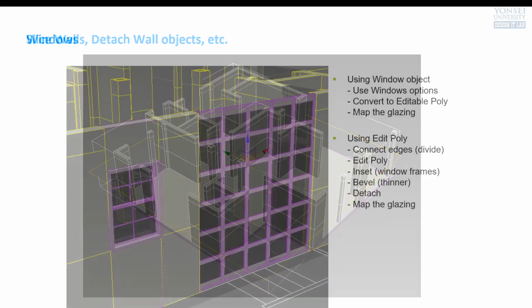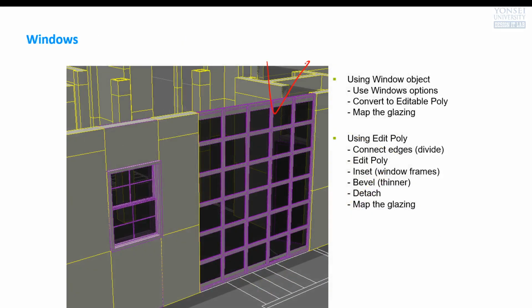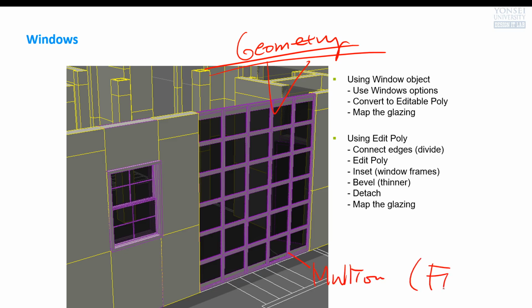Extrude, cut, and you remember how Revit's Family Editor can create this kind of shape, controllable. But this is just geometry. It's not controllable. 3D Max doesn't understand that this part is a mullion, in other words, the frame, and this part is glazing.